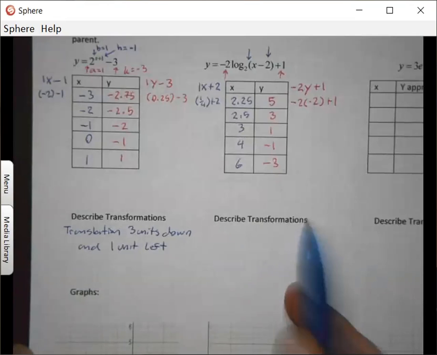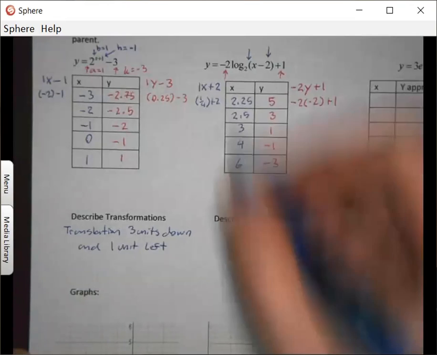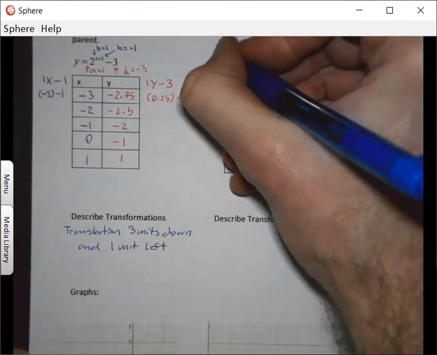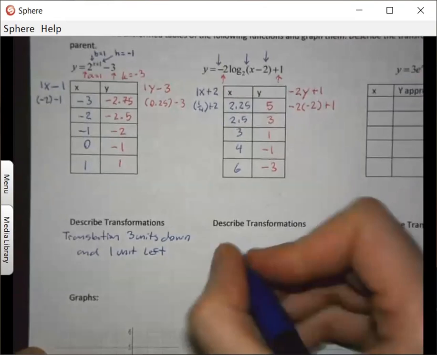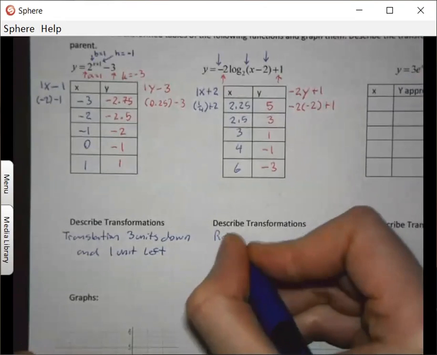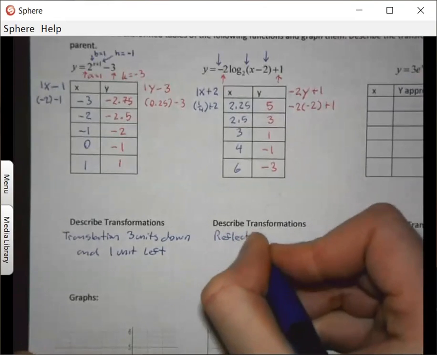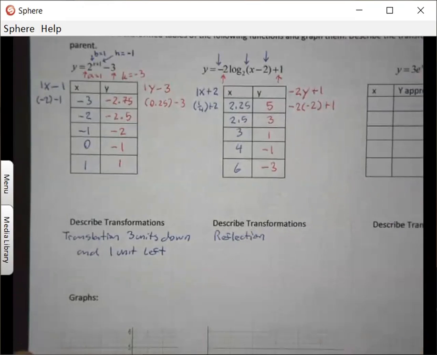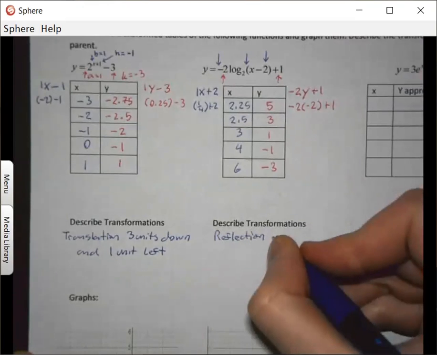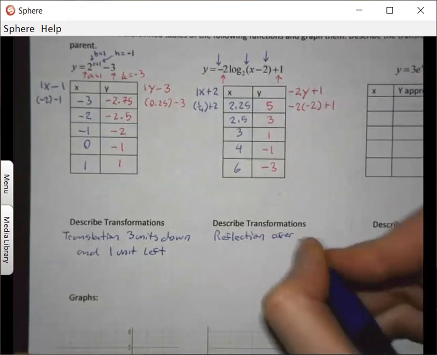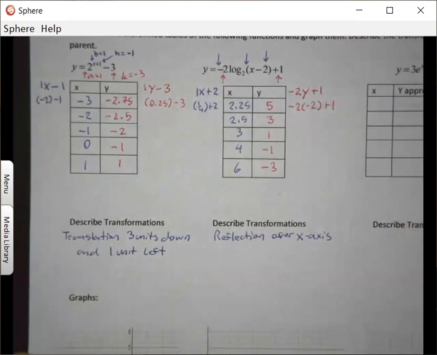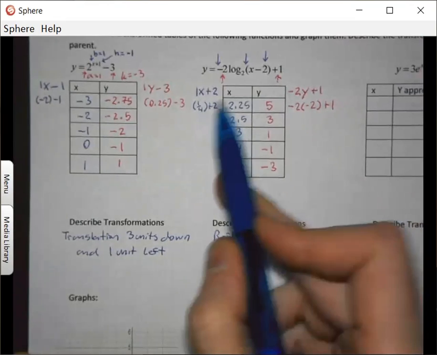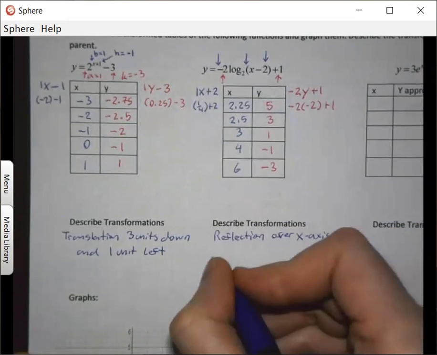So description of the transformation. We also have to talk about that negative. So that gives us a reflection over the x-axis. Then we have a couple translations.